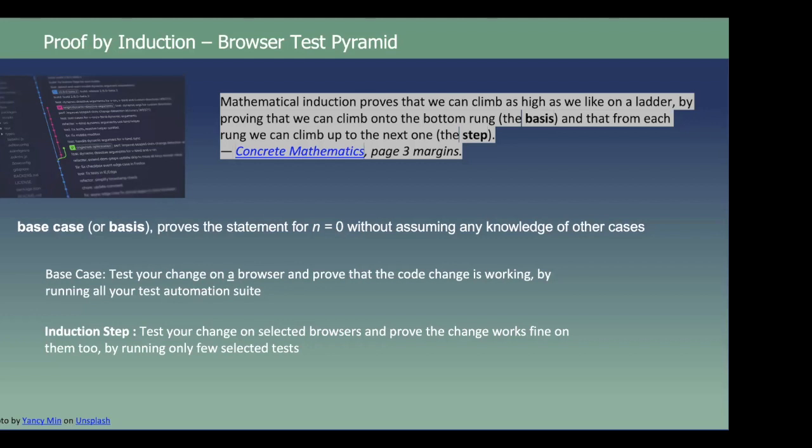If it is, that's half the story finished. Then take a subset of your test cases and run them on your top 5 or 10 browsers, so that you are sure that your change is working. But if it fails, then it's something to do with browser specific things, and then you can look into that.